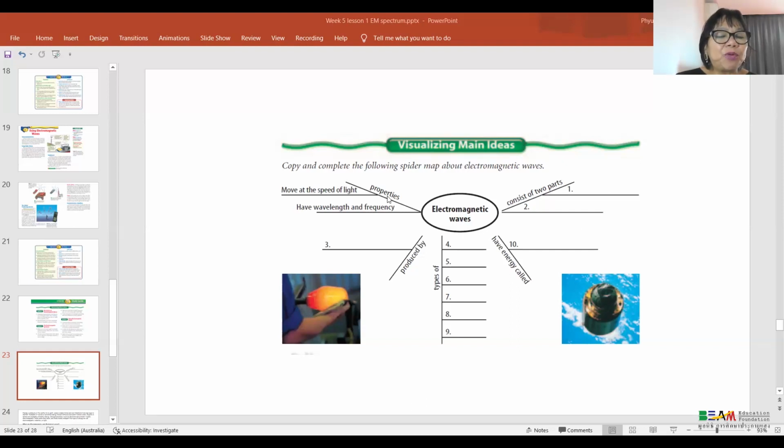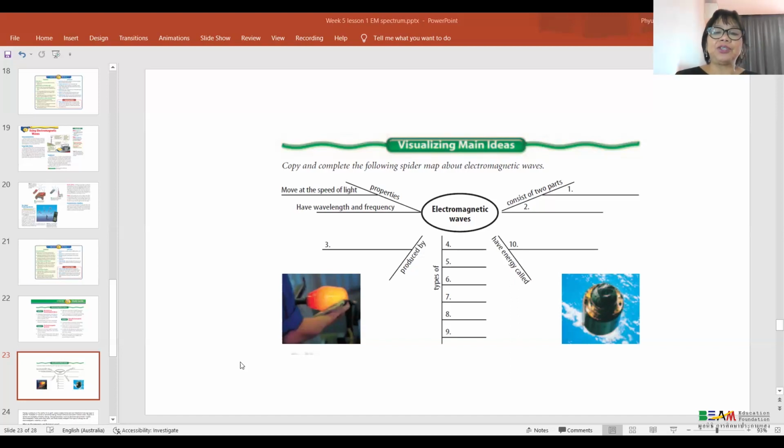And we got the properties here: move at the speed of light, have wavelength and frequency. We all know that. Produced by what? Charged particles. What kind of charge? Vibrating charged particles. Vibrating charged particles is a correct, complete answer.